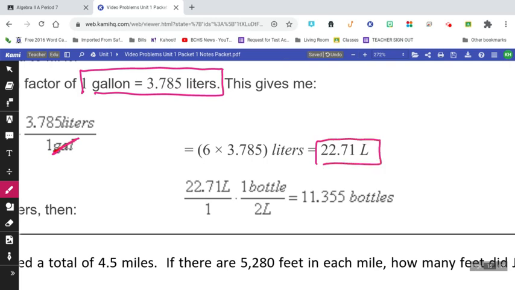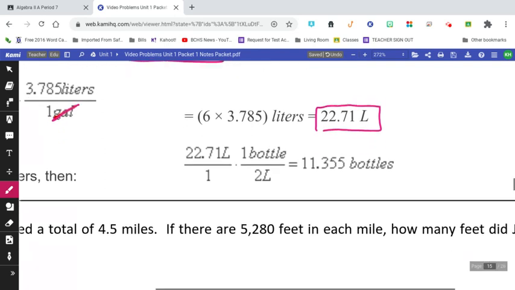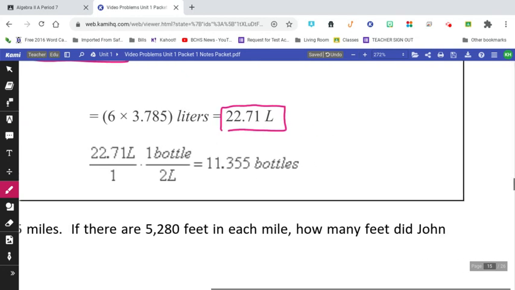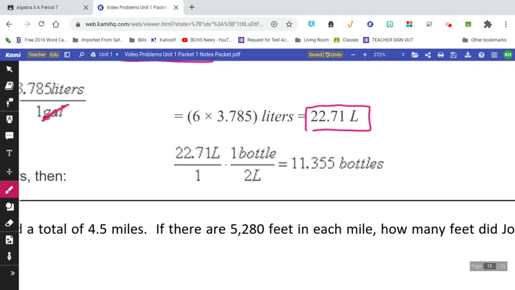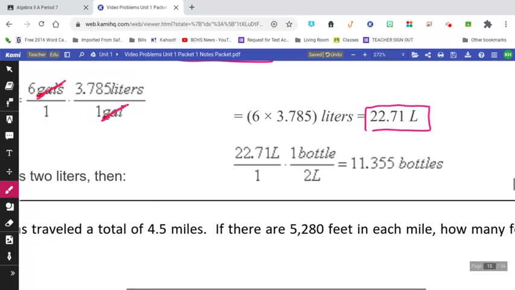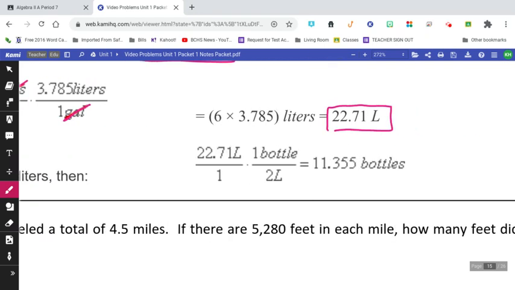That's how many liters in 6 gallons. Remember the question's asking, though, how many 2-liter bottles do we need? Now, here they again show you a conversion. I would think most of us would know just to divide by 2, okay? And when you divide by 2, we get 11.355 bottles.